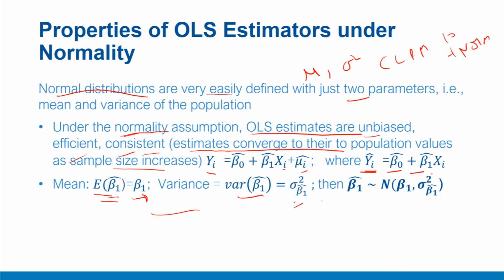To summarize these two definitions, beta 1 hat is distributed normally, its mean is beta 1 and its variance is sigma square beta 1 hat. So this is the combined expression for these assumptions.